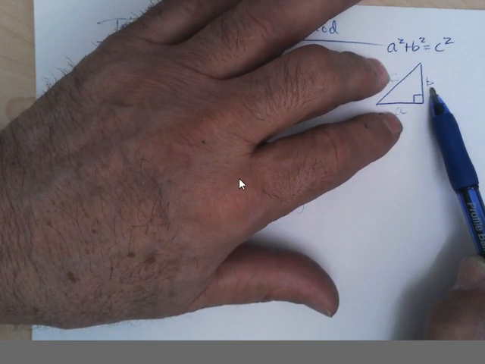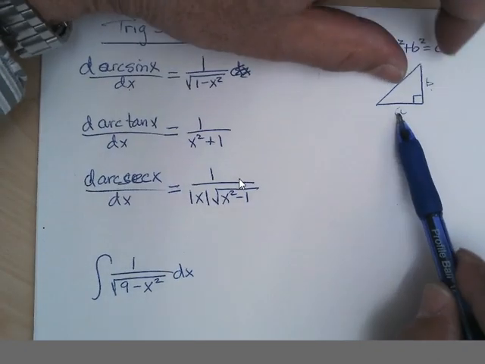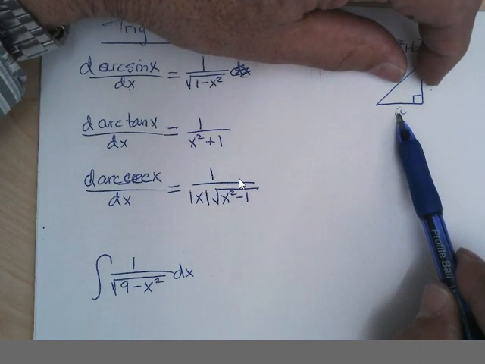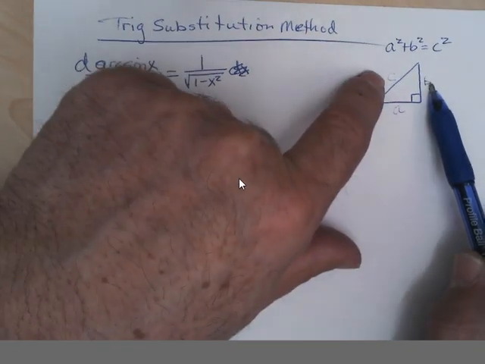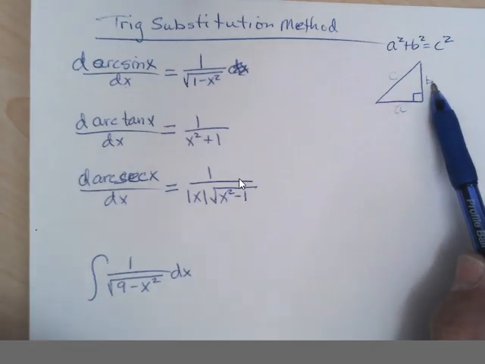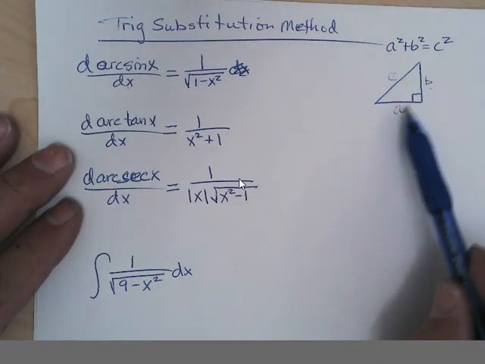If I did these two, a squared is c squared minus b squared. If I use these two, a squared plus b squared is c squared.